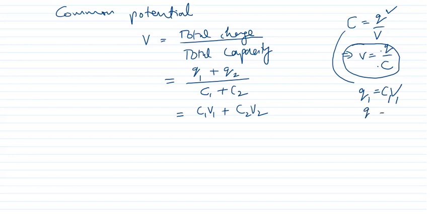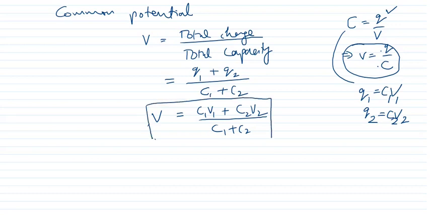Similarly, for capacitor 2, potential is V2, and Q2 will become C2 V2. So therefore this is the common potential expression: common potential is C1 V1 plus C2 V2 divided by C1 plus C2.